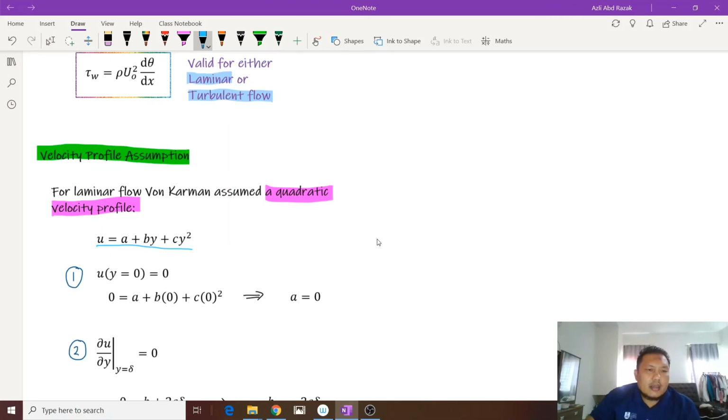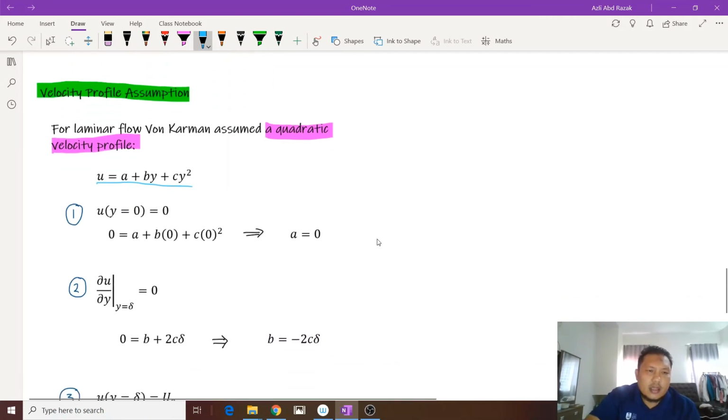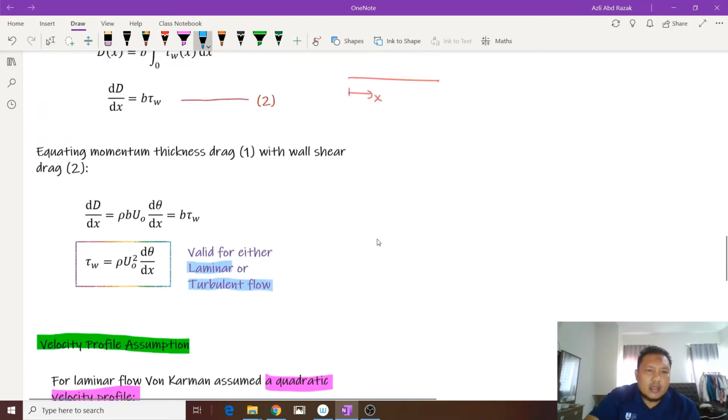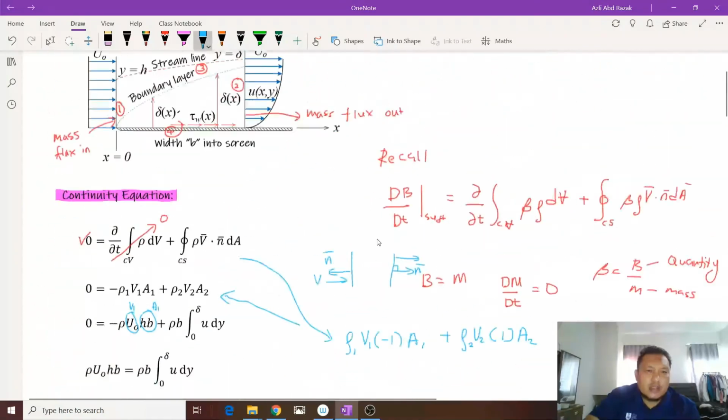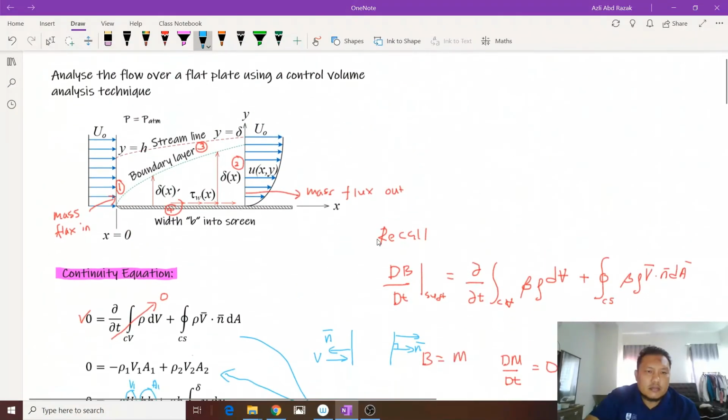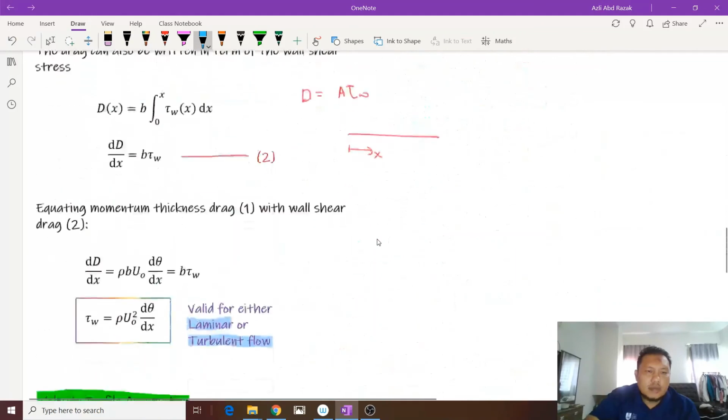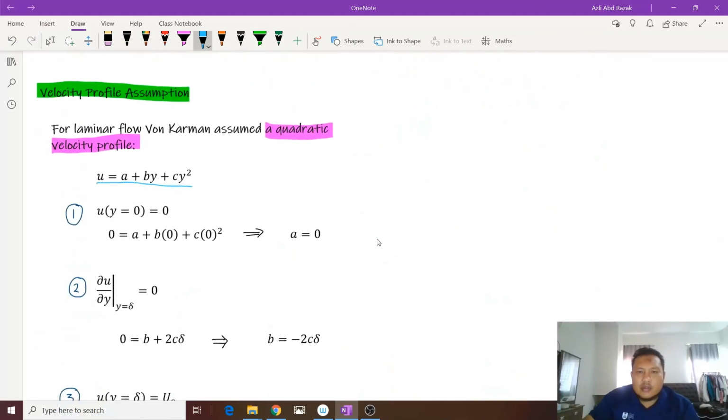All right, we can use the boundary conditions here. We can apply the boundary conditions here. For example, I draw here the boundary conditions for the velocity profile. Let's say we have the velocity profile here on the flat plate. So this is the flat plate.